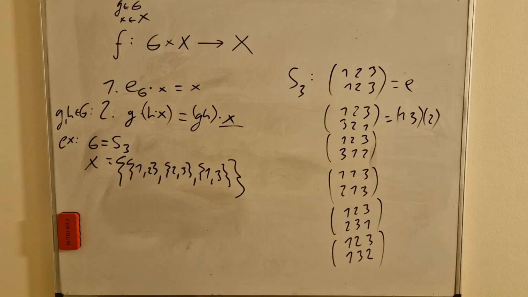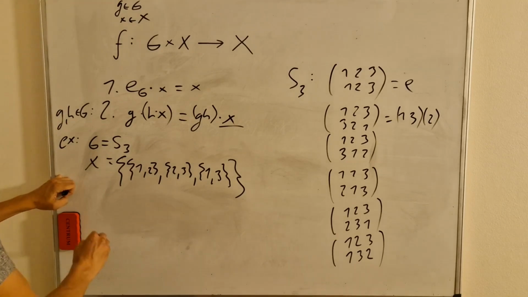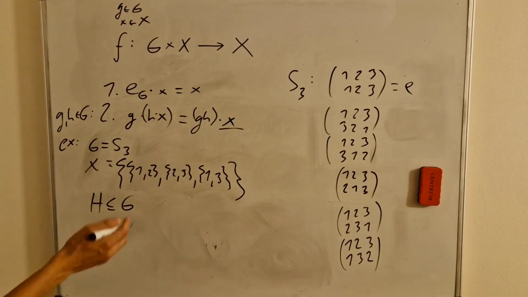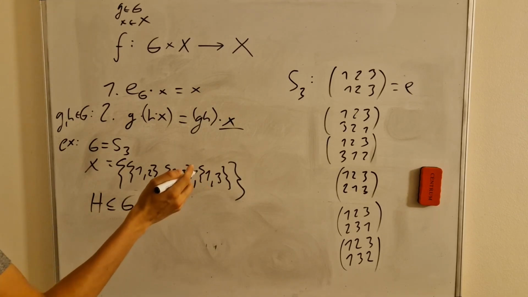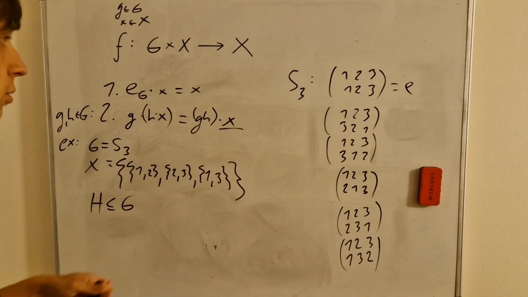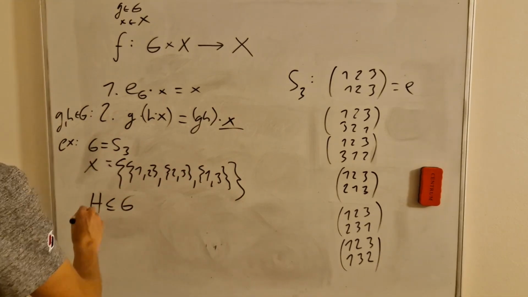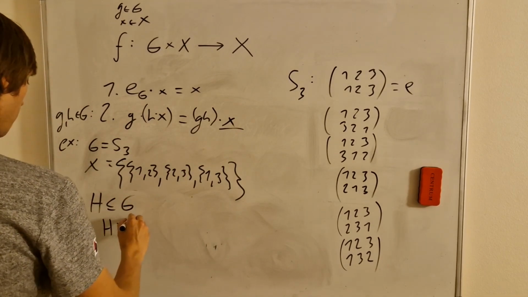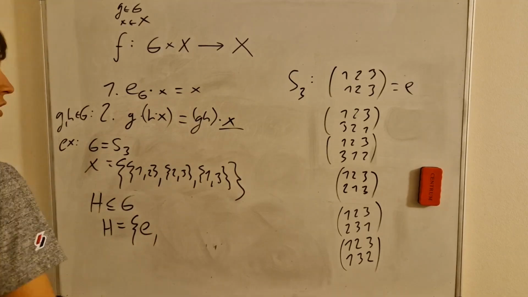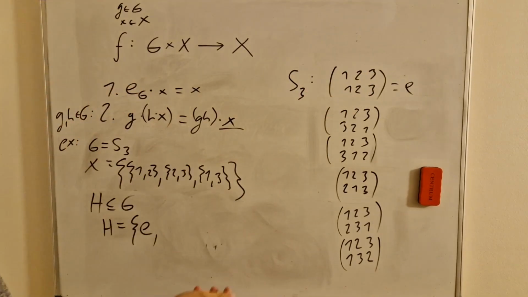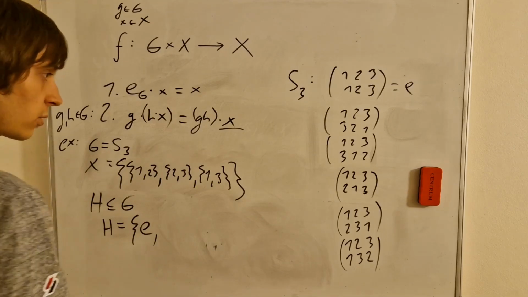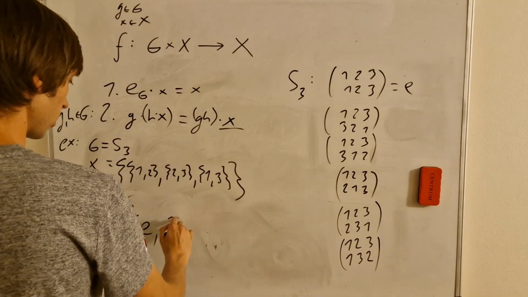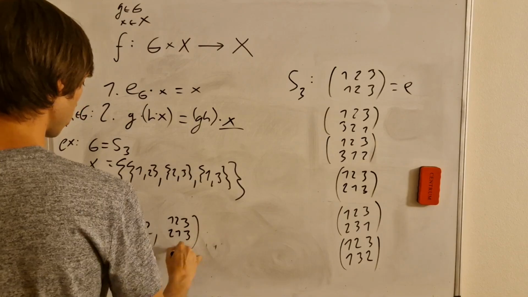So if we have this, then there's this. And what we can also have is not necessarily S3, but, for example, some subgroup of G. To make a subgroup from S3, we should choose an element. That will be the identity first of all, which is 1, 2, 3 to 1, 2, 3. And the second element, perhaps, which will be the inverse to itself, is, for example, this one: 1, 2, 3 to 2, 1, 3 is an inverse to itself.